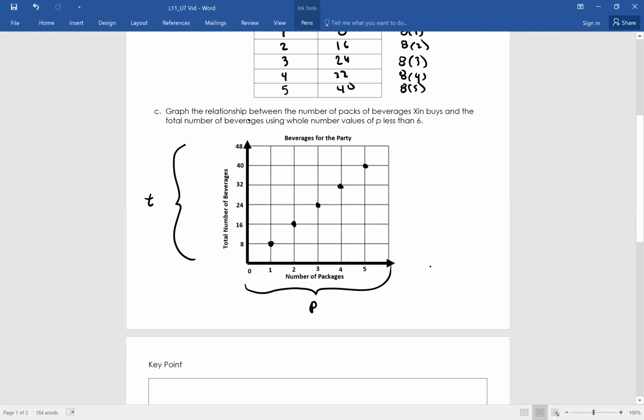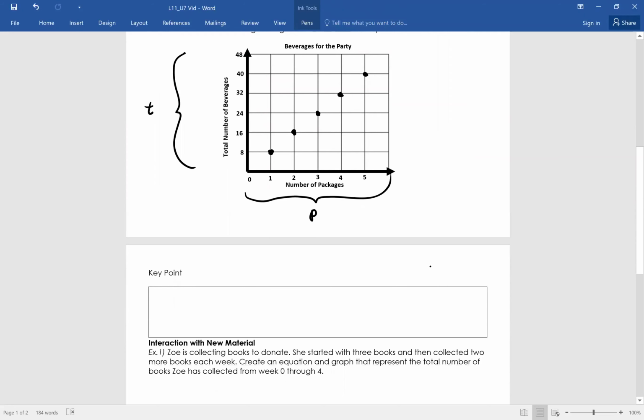So I'm going to go ahead and write that down as a key point. You write this down as well. When graphing an equation, the x-axis reps the independent variable.